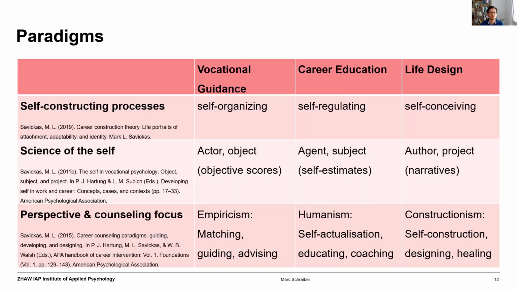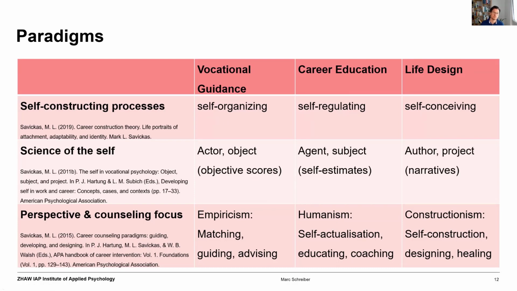Here you see the 3 paradigms: vocational guidance, let's say about 1900, then career education about 1950, and the life design paradigm, which is attributed to the 21st century. And this is the core meta theory of the career construction theory.